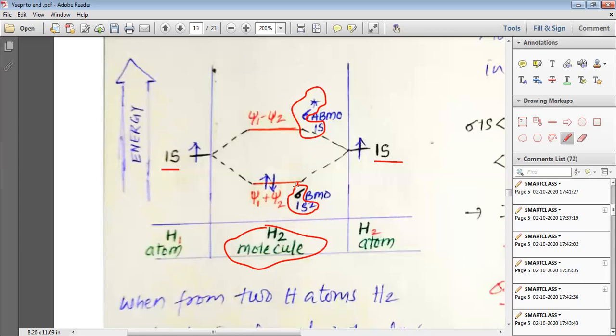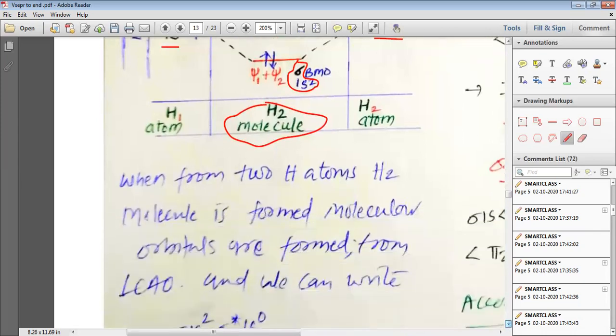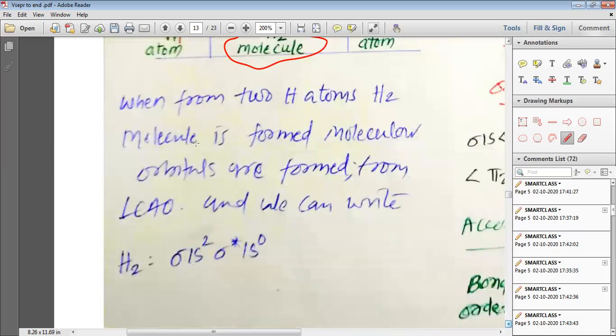Antibonding molecular orbitals have higher energy as compared to the atomic orbitals from which they are formed. Antibonding molecular orbitals are formed by the subtraction, whereas bonding molecular orbitals are formed by the addition of the wave functions.